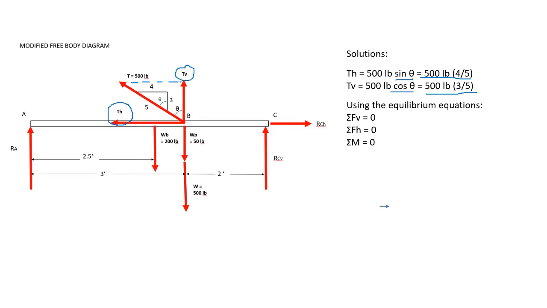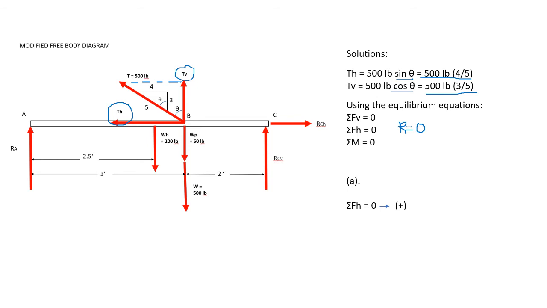Since the horizontal and vertical forces are equal to 0, our R is also equal to 0. The first step is to summate the forces horizontal.